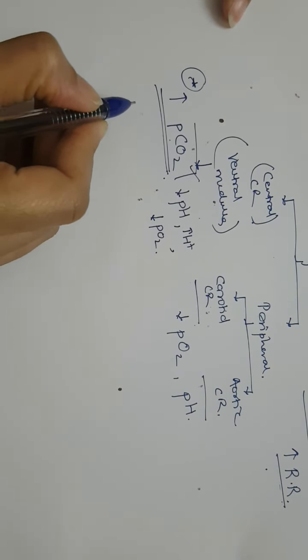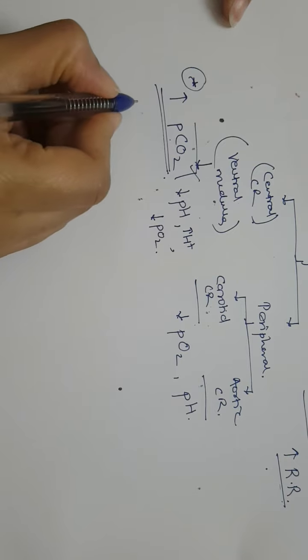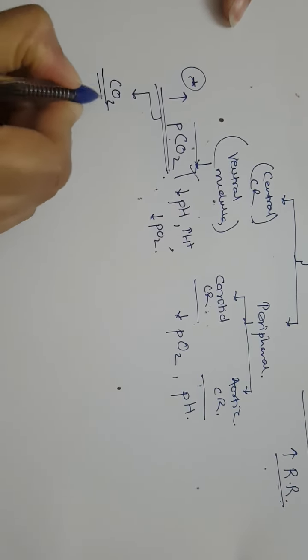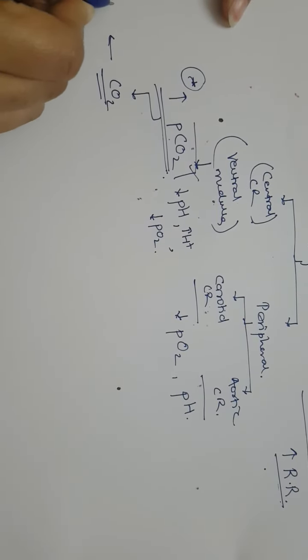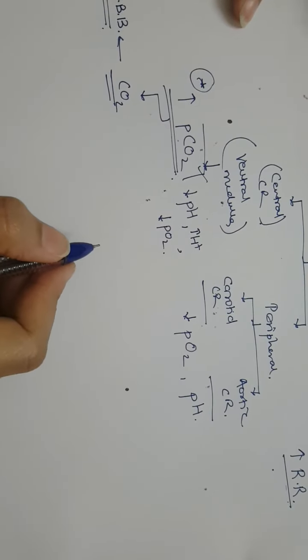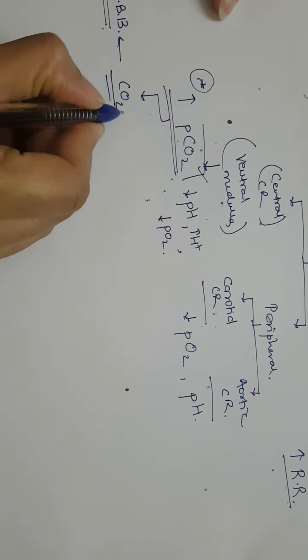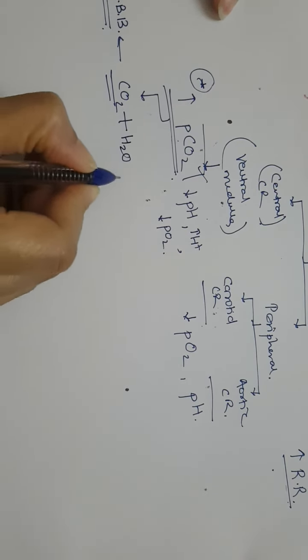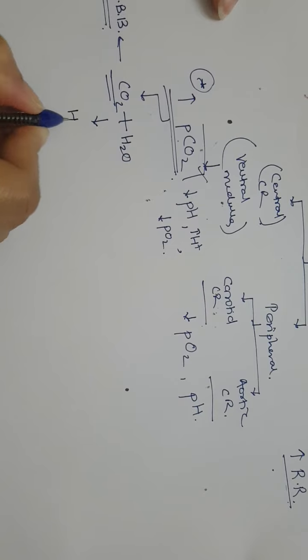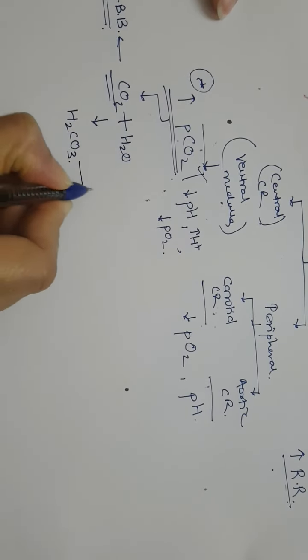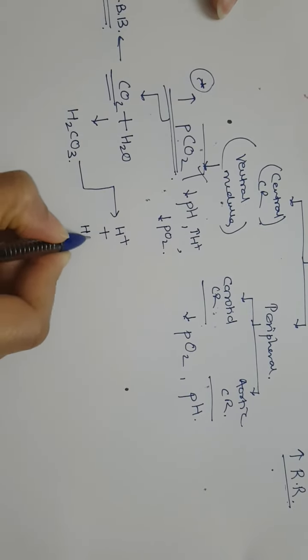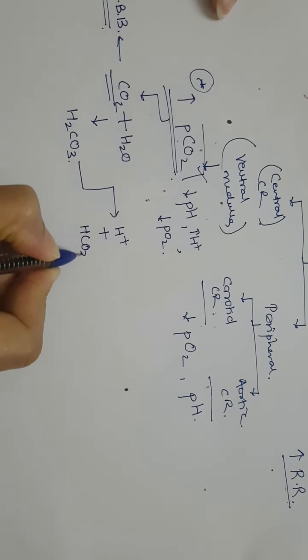If there is an increase in the partial pressure of carbon dioxide, this carbon dioxide cannot cross the blood-brain barrier, but what it can do is combine with water and form carbonic acid, which will split into hydrogen ion and bicarbonate.